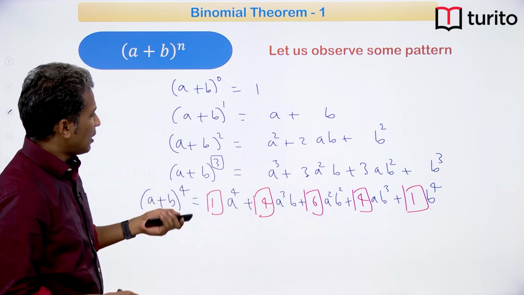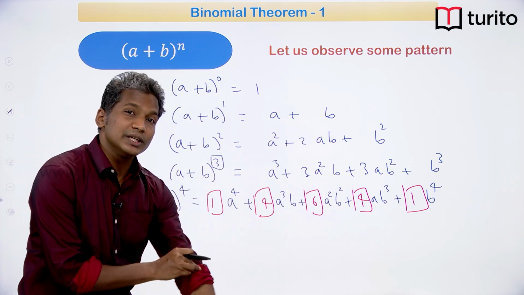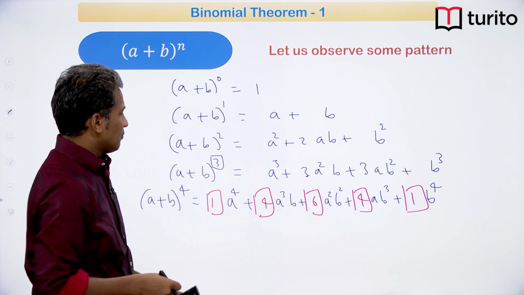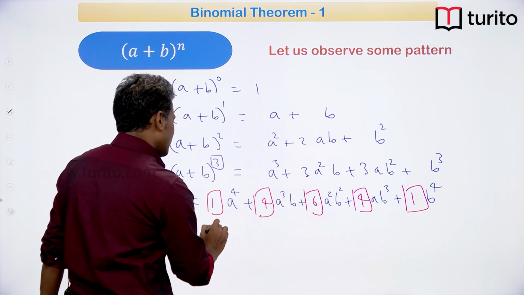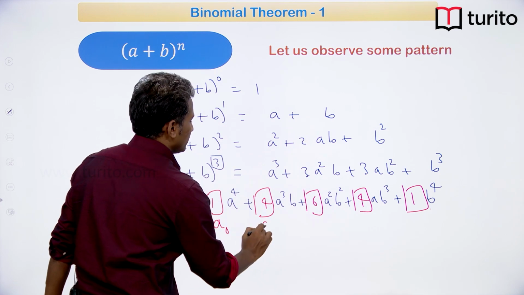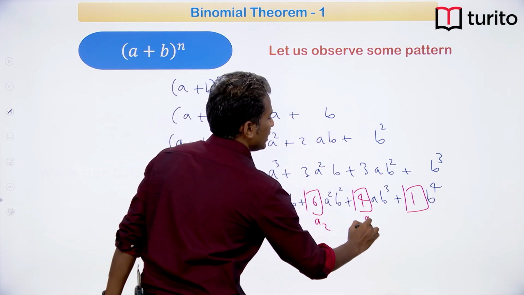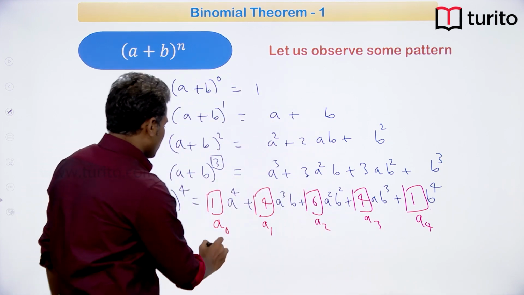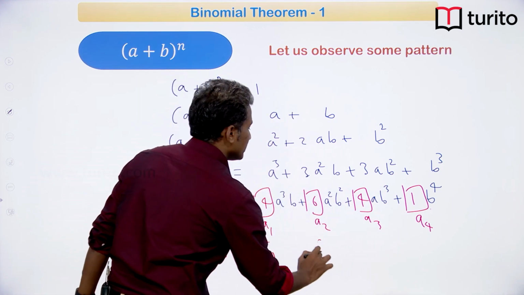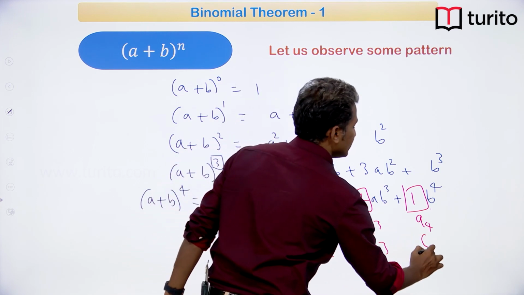Okay. Now coming to the notation of these coefficients. We can name these coefficients as any number, let us say a0, a1, a2, a3, a4 or something, or we can also denote them as c0, c1, c2, c3, c4.